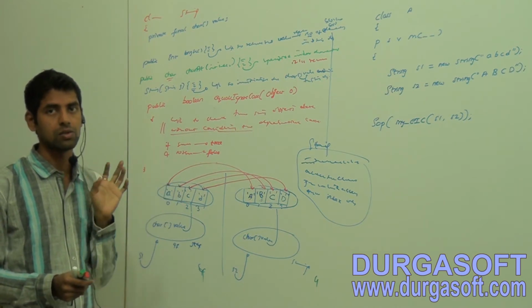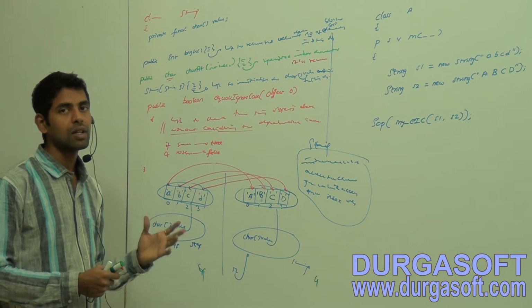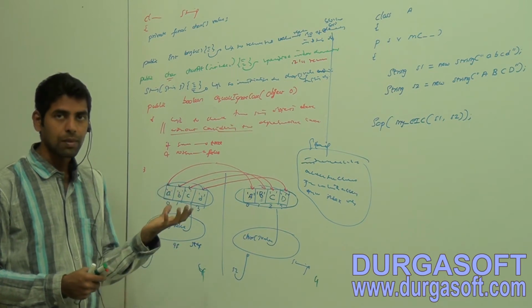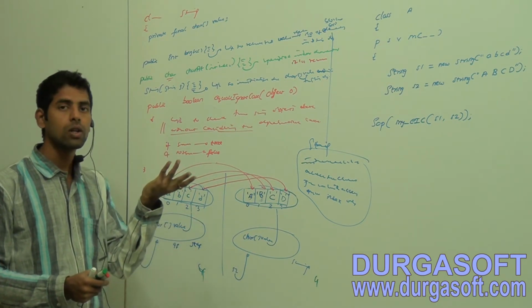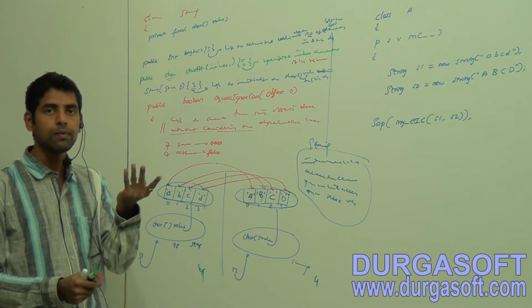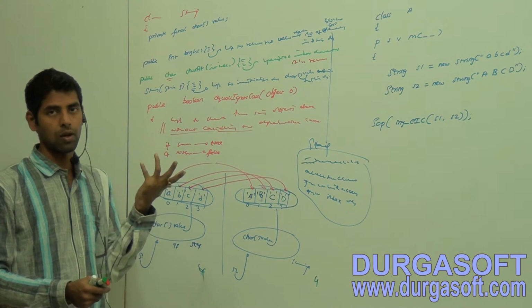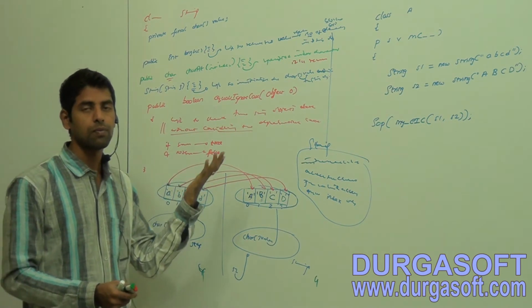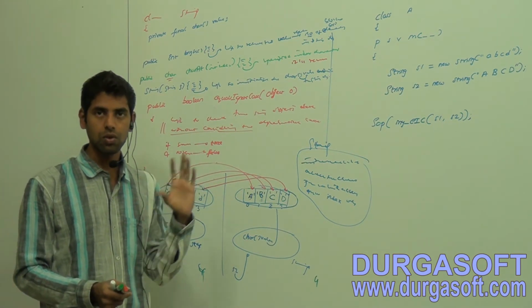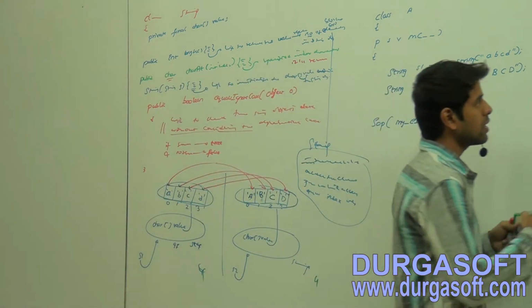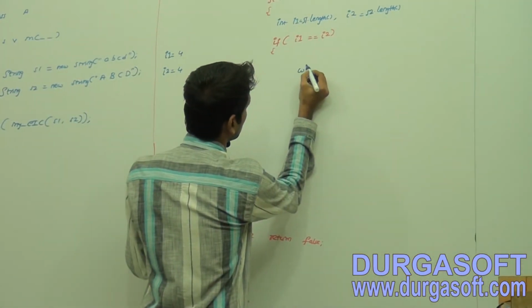So what I'm going to do here is take one iterative statement, a while loop, or else you can go for a do-while or a for loop, no issues. My favorite loop is the while loop, so let me take a while loop. You can take a for loop also.